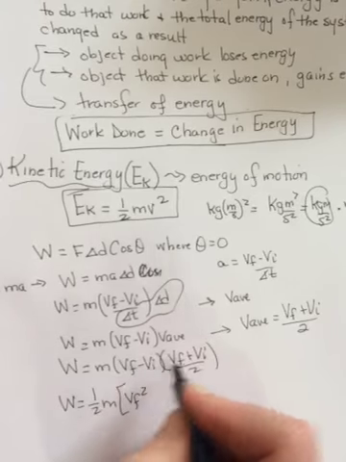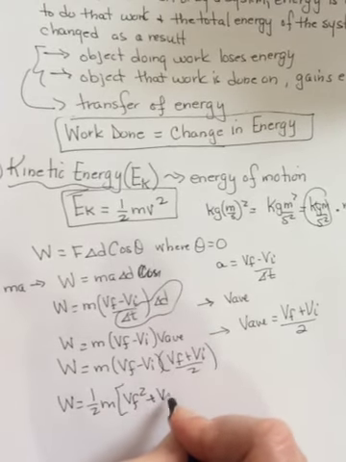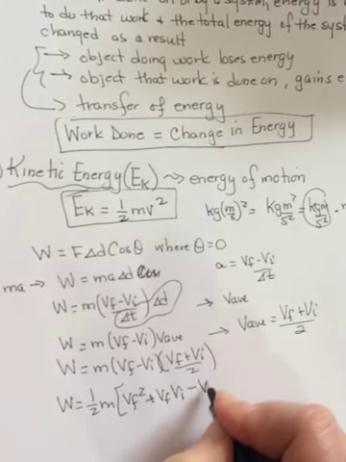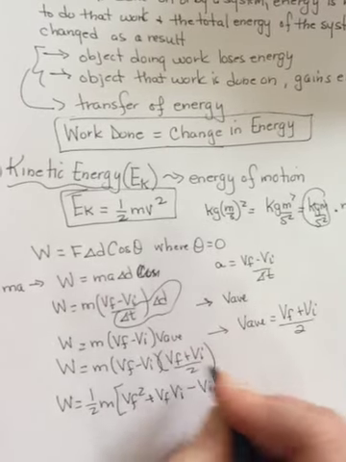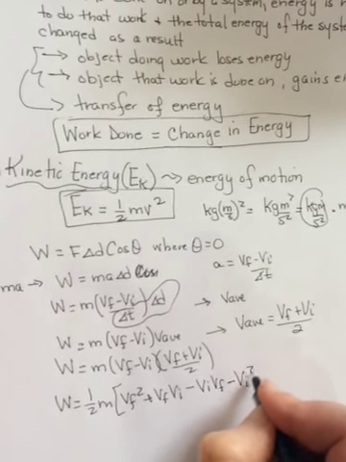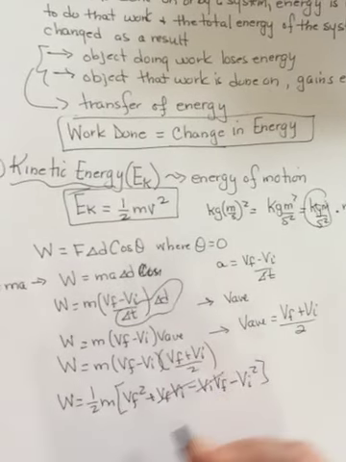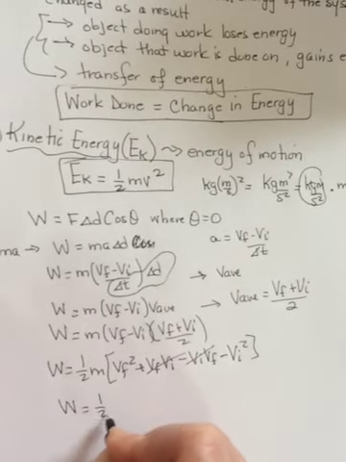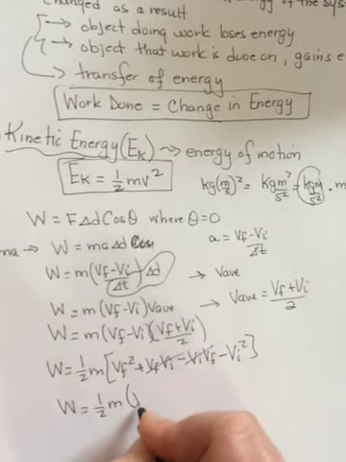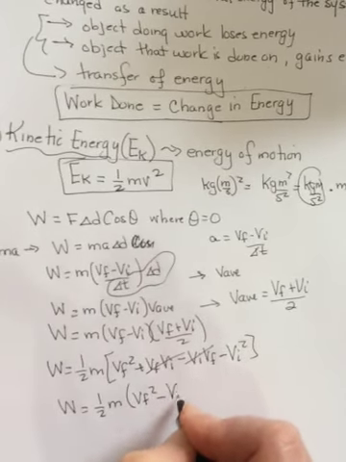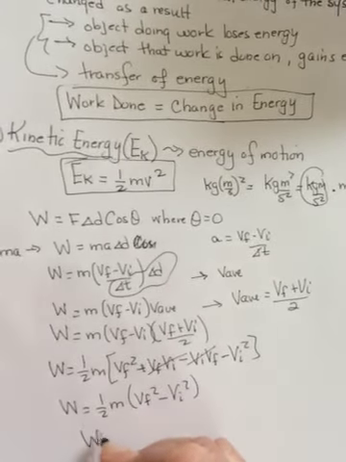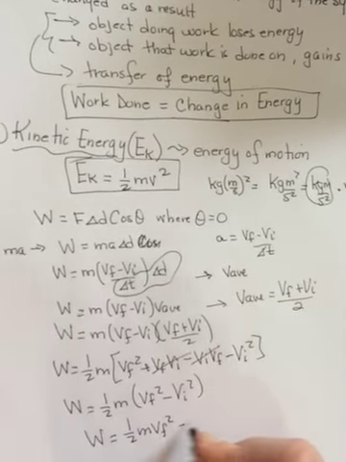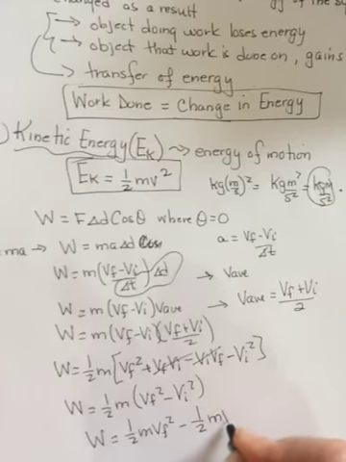Outer will be plus VF VI. Inner will be minus VF VI. And last will be minus VI squared. So these two middle terms cancel each other out, and we have W equals 1/2 m, and in brackets VF squared minus VI squared. If I multiply through, W is equal to 1/2 m VF squared minus 1/2 m VI squared.